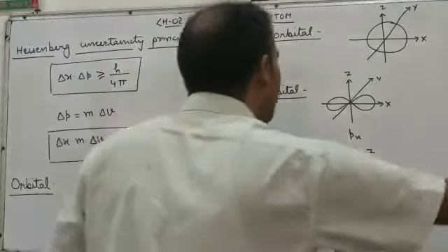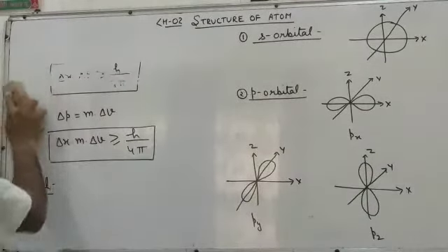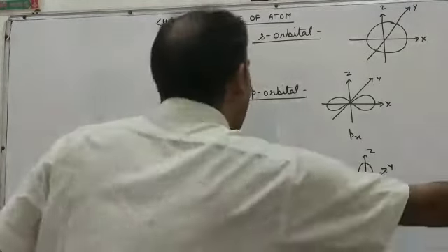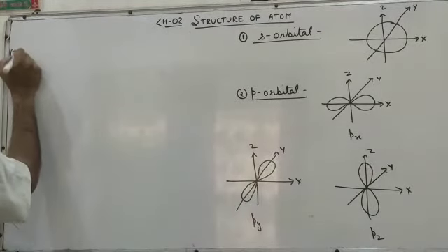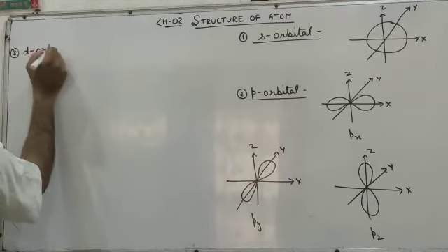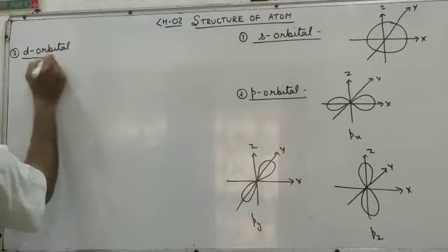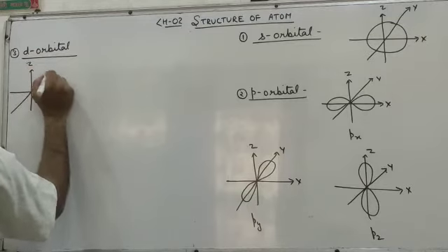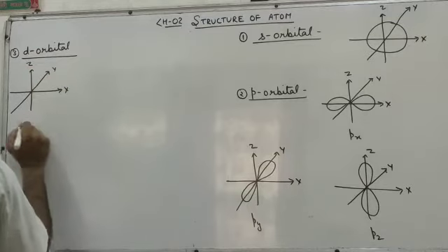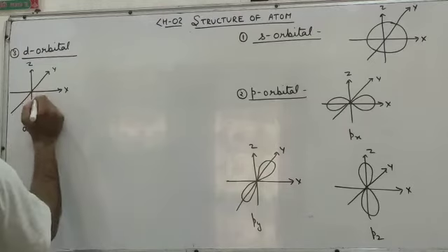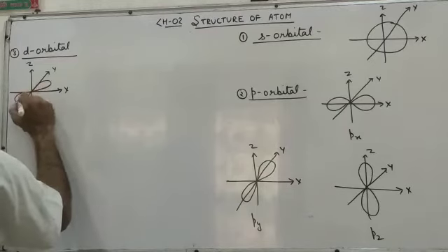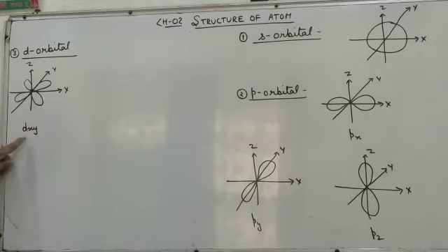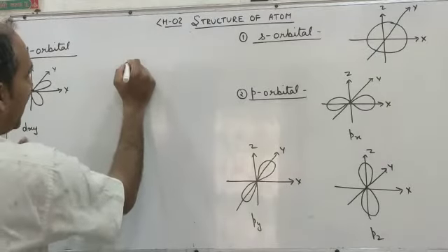Now let us consider the third type of orbital, the d orbital. The shape of the d orbital is double dumbbell shape. There are 5 types of d orbital in our course. First is dxy. If the lobes lie between the x and y axis, it is said to be dxy.